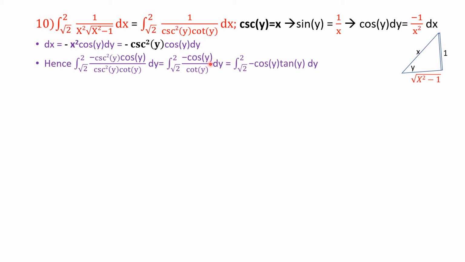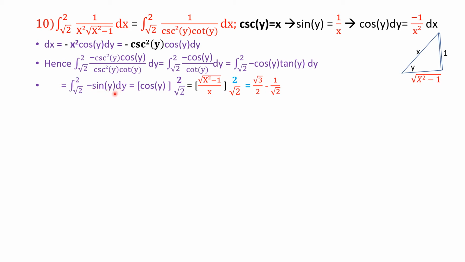So that gives us the integration of negative cosine y multiplied by tan y dy. But we know tan y is equal to sine y divided by cosine y. So cosine y will cancel this cosine y, and we'll be left with the integration of negative sine of y dy.